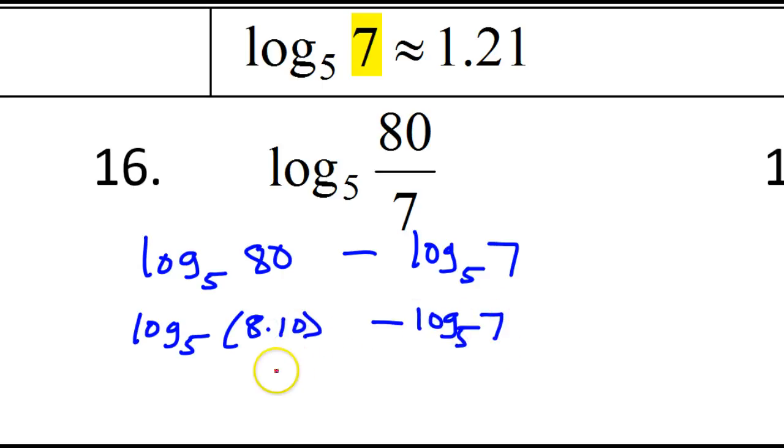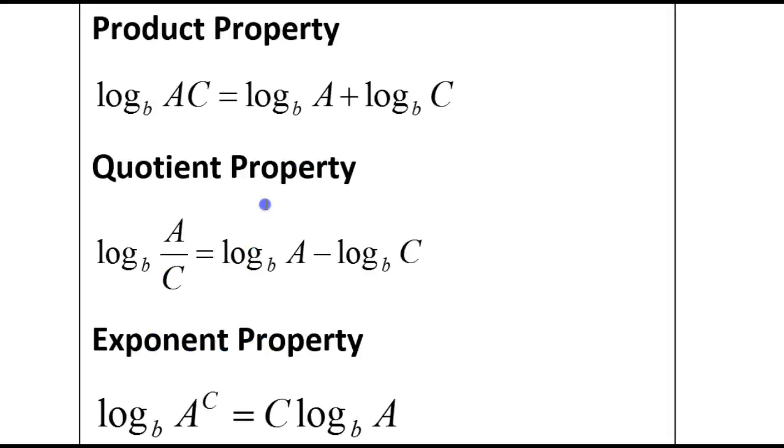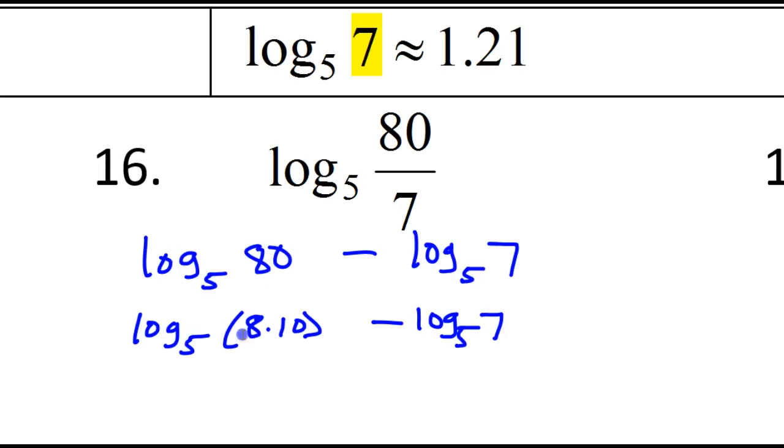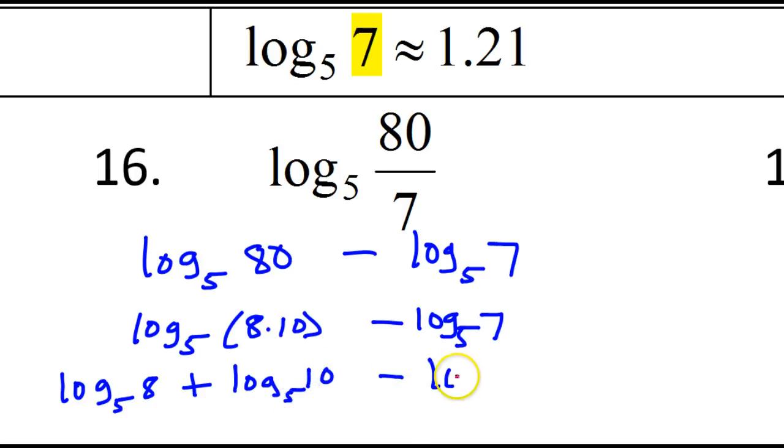So I can now use the product rule. Log of A times C can be broken apart as log A plus log C. So log of 8 times 10 can be split apart as log of 8 plus log of 10. And I still have minus log 7. Now I know all of these facts.